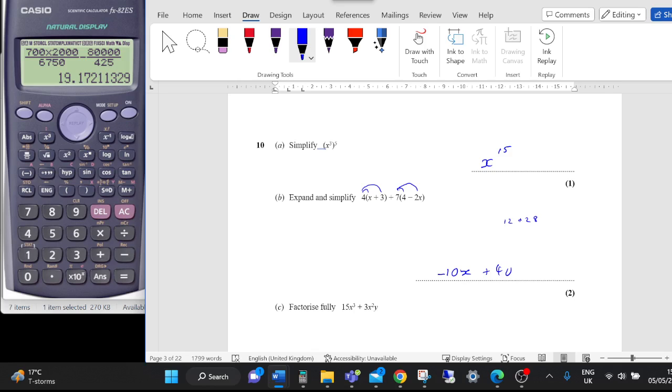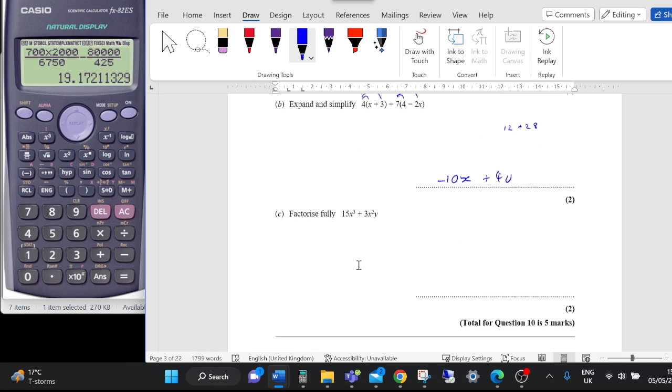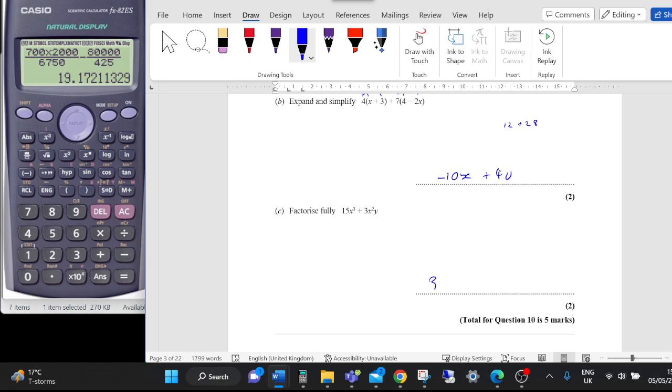And then for the final part, factorize. So I can take out 3x squared as my common factor. That's in both parts. So I need to times 3x squared by 5x, and I need to times 3x squared by y. And that would be my fully factorized version.